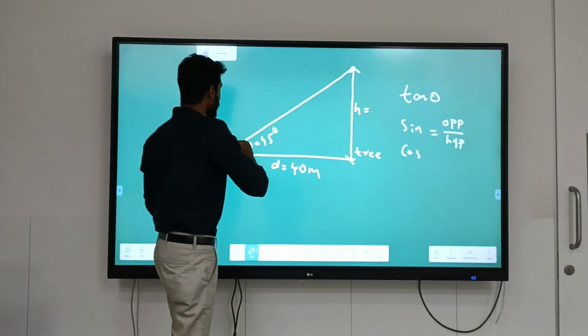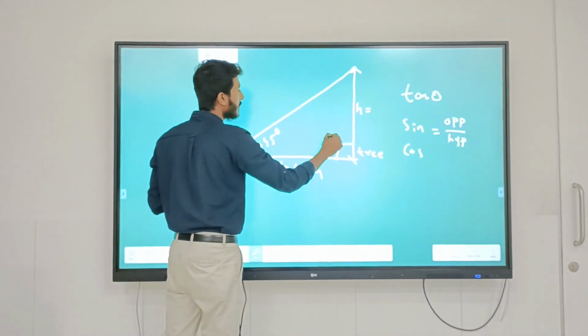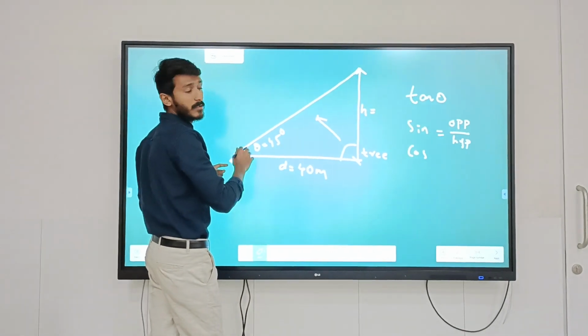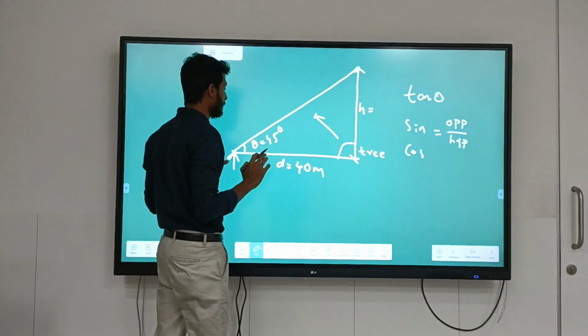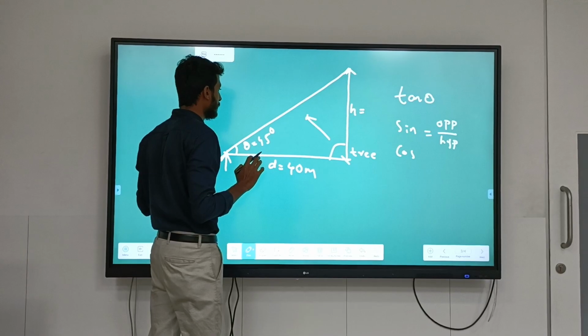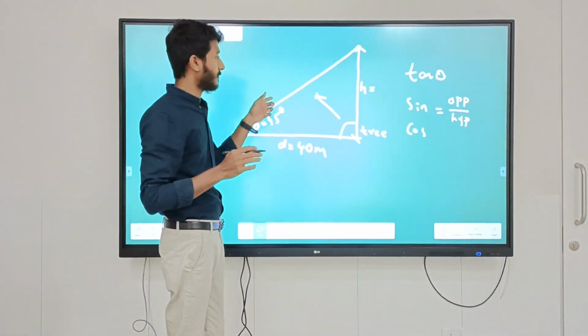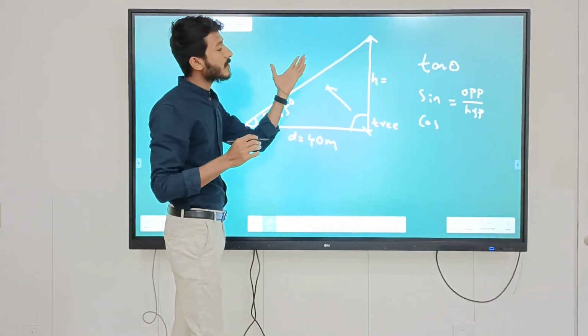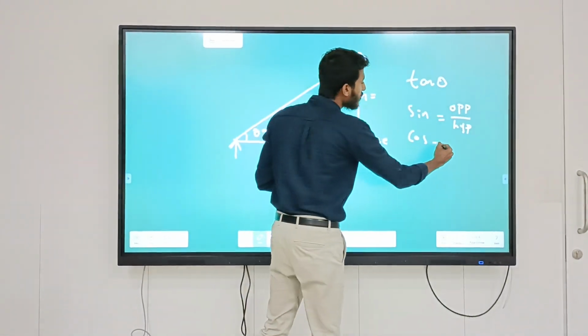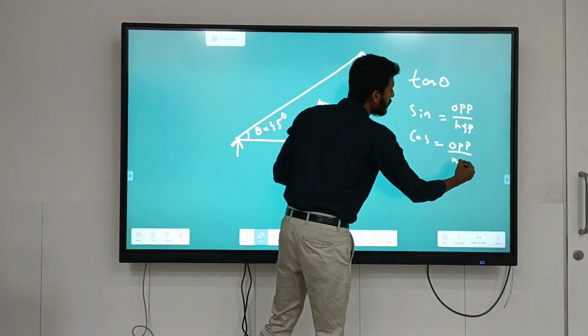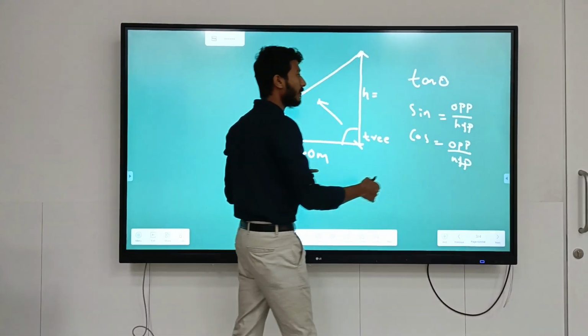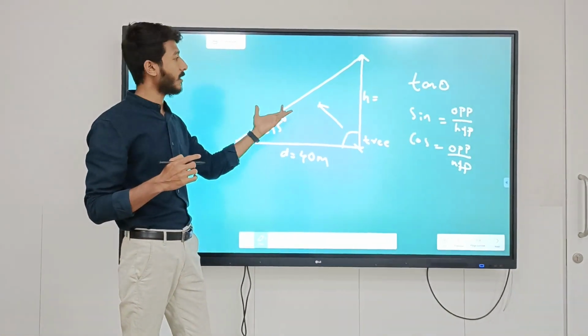Hypotenuse is the longest side, opposite to 90 degree, but the hypotenuse is not given, so we can't use the sine function. At the same time, cos is adjacent side to hypotenuse. Here also the hypotenuse is not given.